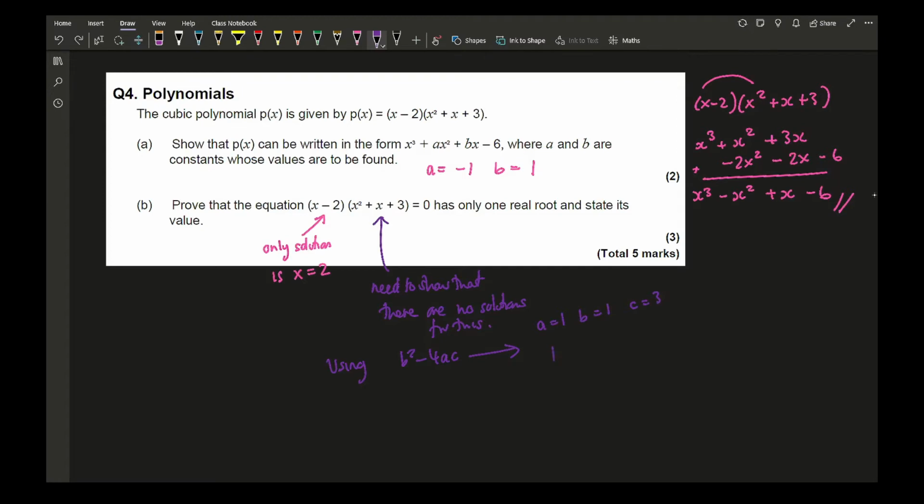So I get 1 squared minus 4 times 1 times 3, which equals 1 minus 12, which equals minus 11. So as b squared minus 4ac is less than 0, there are no solutions. So something along those lines. You probably don't need to go into as much detail as what I've done. It's more a case of just explaining, hopefully, for it to make sense.